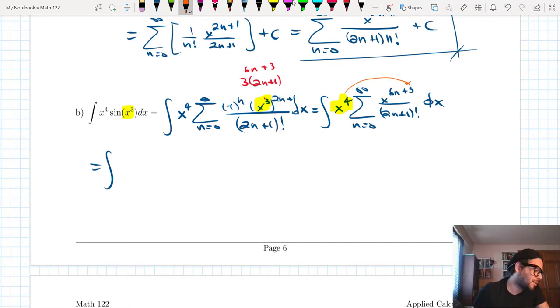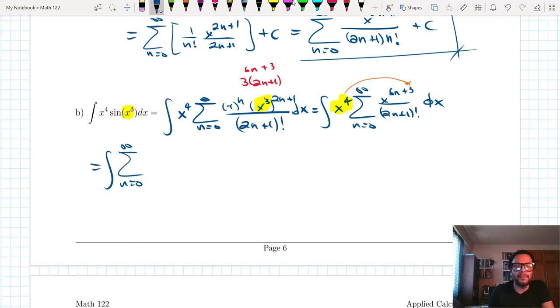Yes, I did a silly mistake on my notes. I forgot. Never mind. This one is correct. So this will be sigma n equals 0 to infinity. Because on my notes I didn't replace the u with x cubed. I left it at just x. So my bad here. All right.